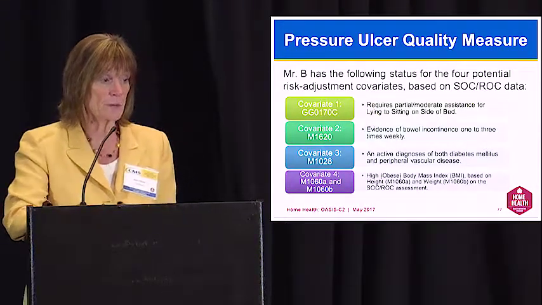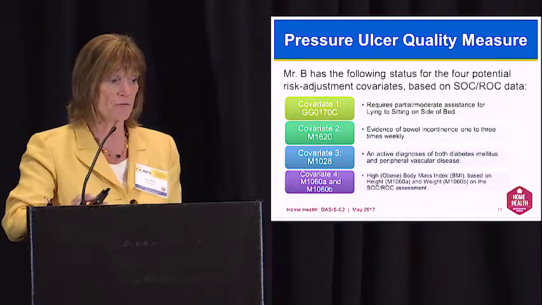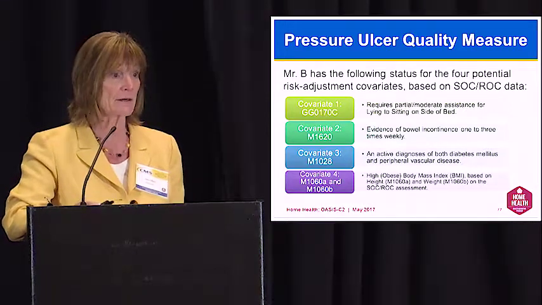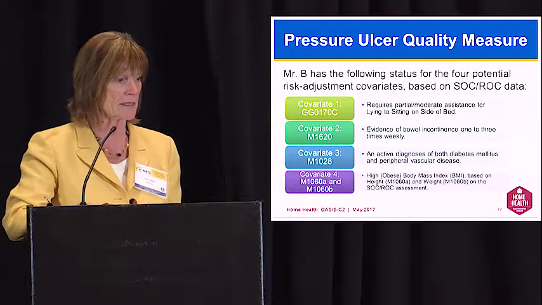We thought it would also be helpful just to look through briefly the following 4 potential risk adjustment covariates. We've spent a lot of time on that today between Kathy Roby and myself.